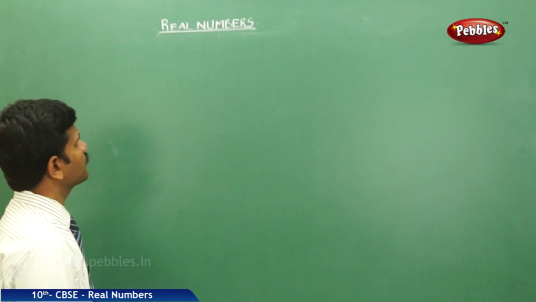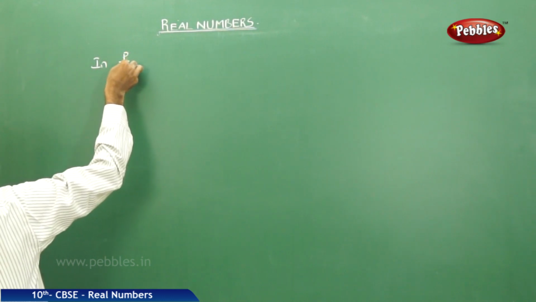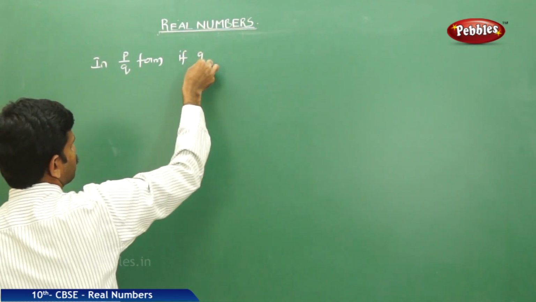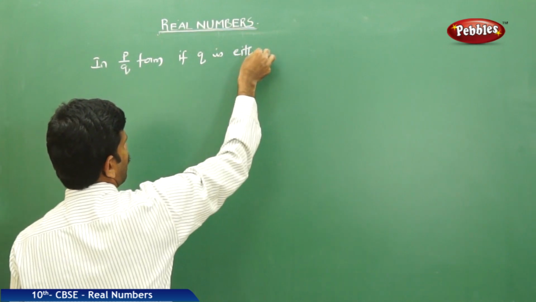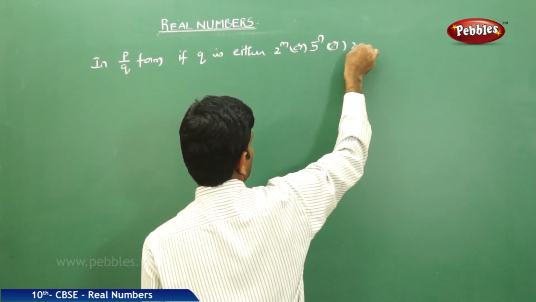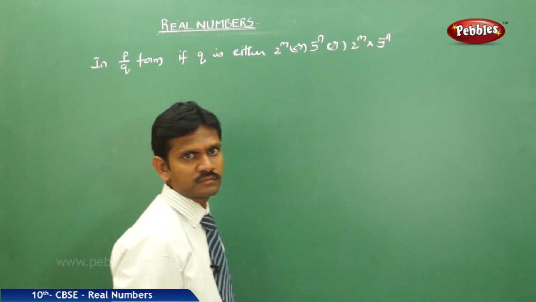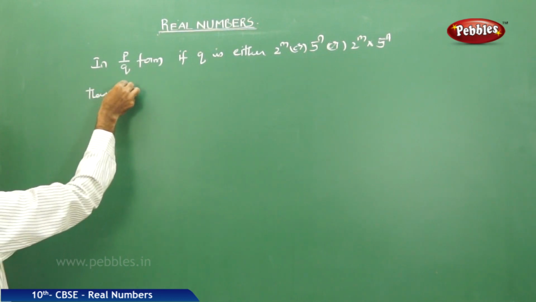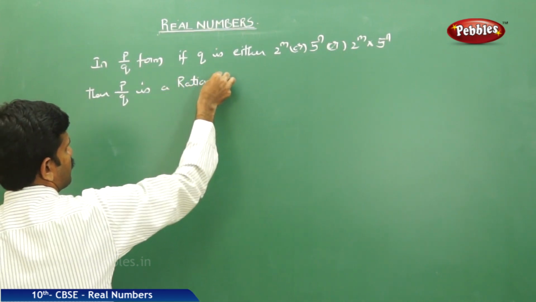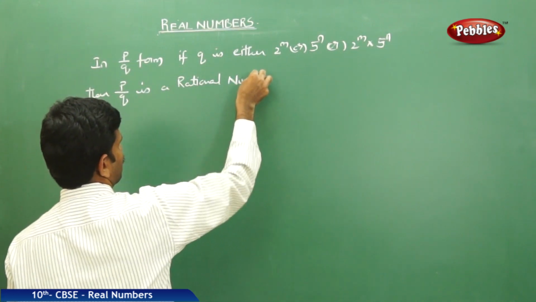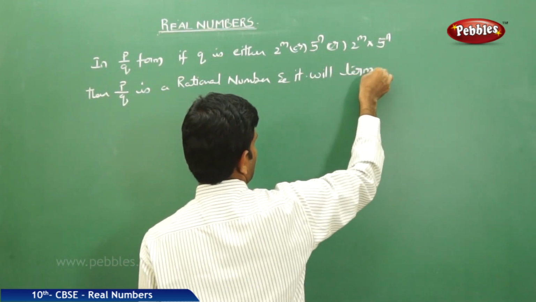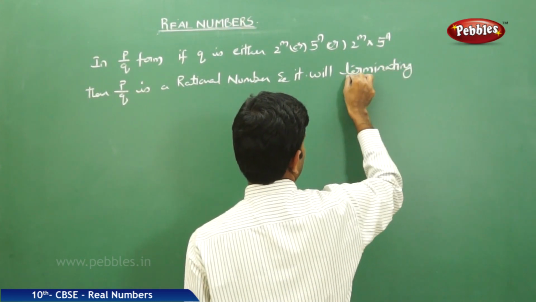Let us see the next important topic. In p by q form, if q is either 2 power m or 5 power n or 2 power m into 5 power n, then p by q is a rational number and it will be a terminating decimal.